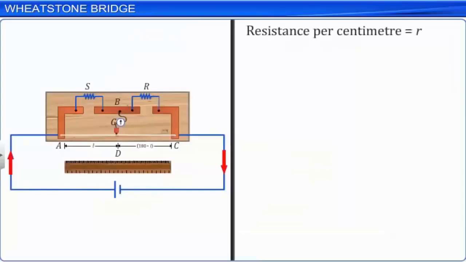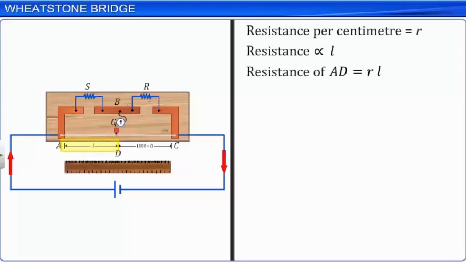As the area of cross-section of the standard wire is constant, its resistance is proportional to its length. Thus, the resistance of the AD part of the wire is equal to R into L. And the resistance of the DC part of the wire is equal to R into 100 minus L.